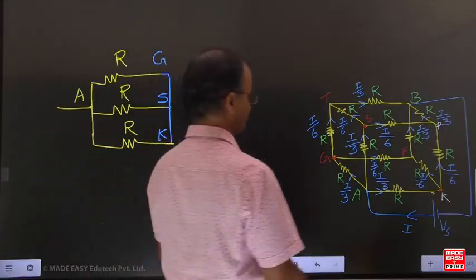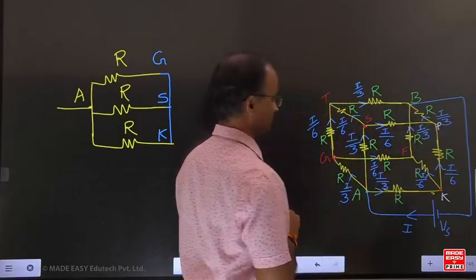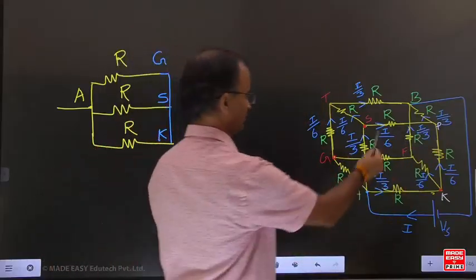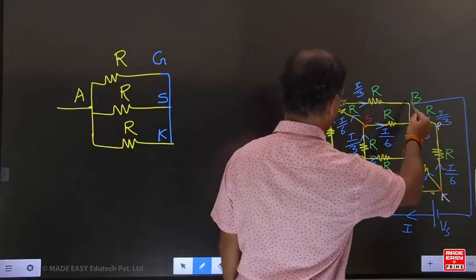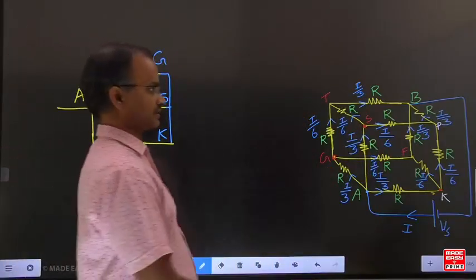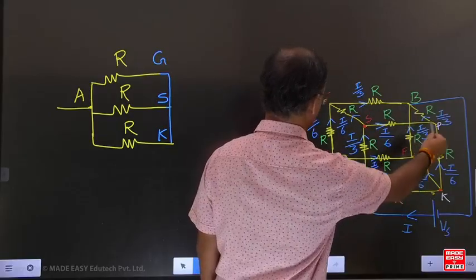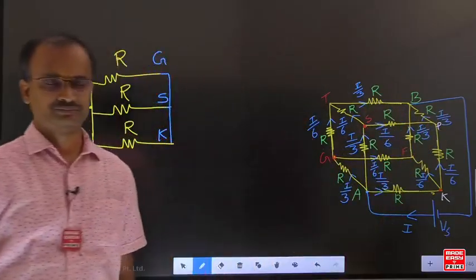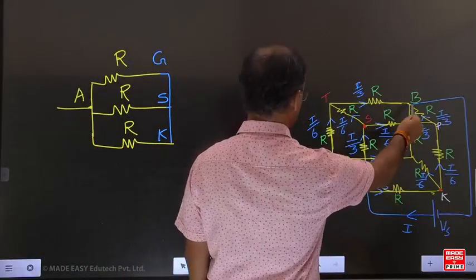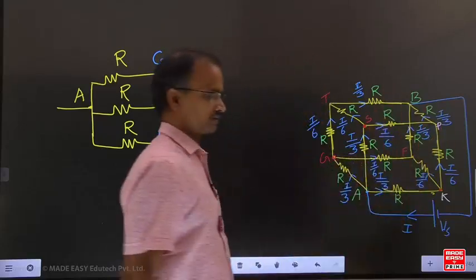Similarly, come to point B. Point B also, look, B to T and B to P and B to F. Carefully see, B to T and B to P and B to F, the potential is the same for all. What is the reason? The current is the same for all, I/3, resistance R, here also I/3, resistance R. Whenever the current is the same and resistance is also the same, we can say the potential difference between B and T, B and F, B and P are the same.